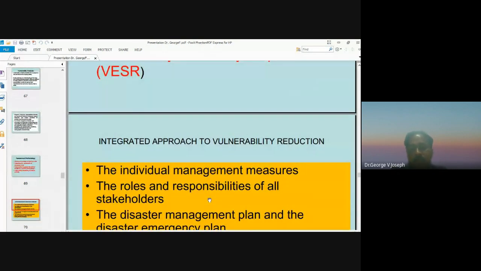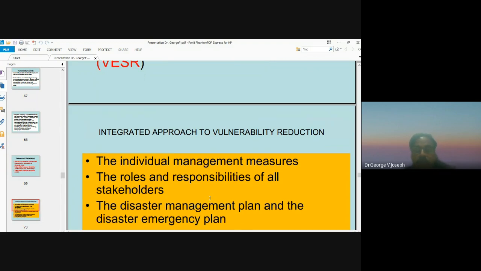However, we need to have an integrated approach to vulnerability reduction. So there are the individual management level measures, how this can be done at the individual level, and the roles and responsibilities of various stakeholders.